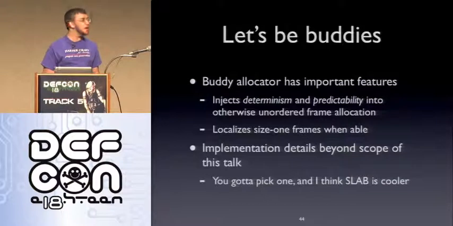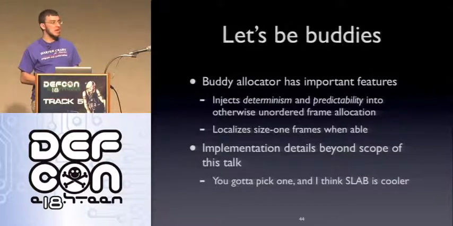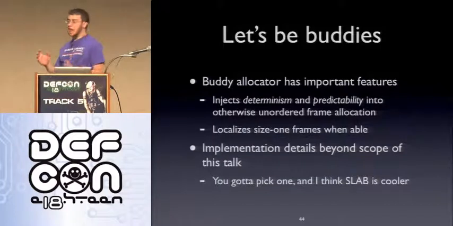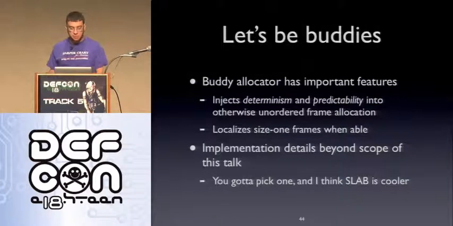We'd really have no way to determine what frames are going to be next. And the reason why it does this is it can allocate groups of frames of different sizes. And when it's able, it'll try and put a bunch of one-off frames together so that it leaves as much memory wide open for big groups as possible.